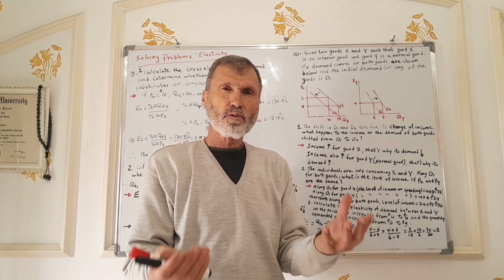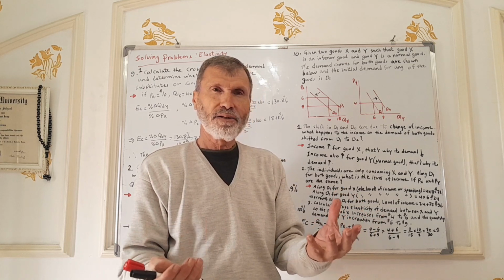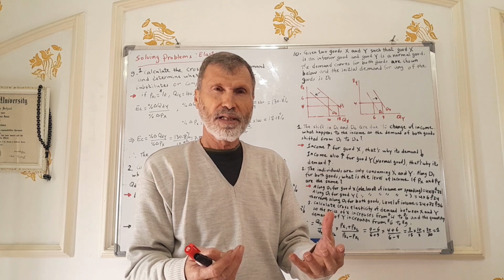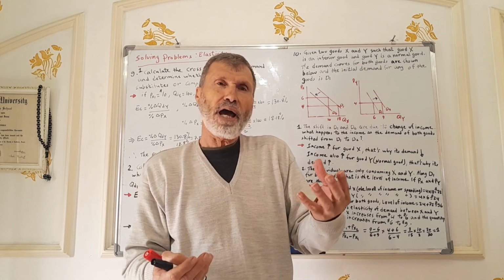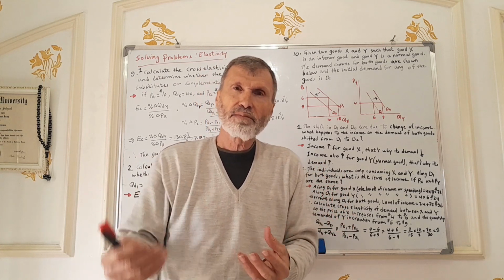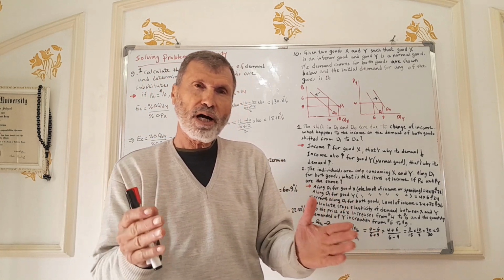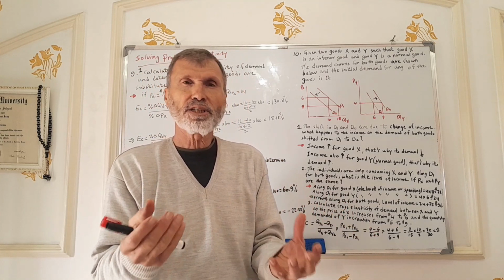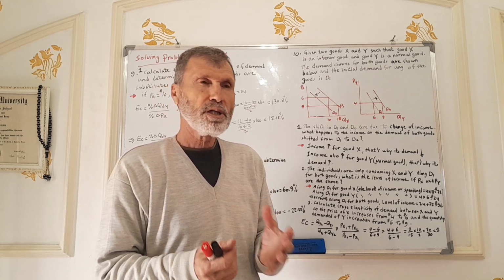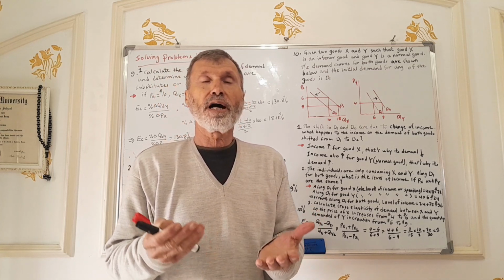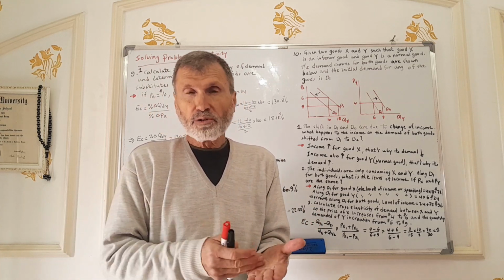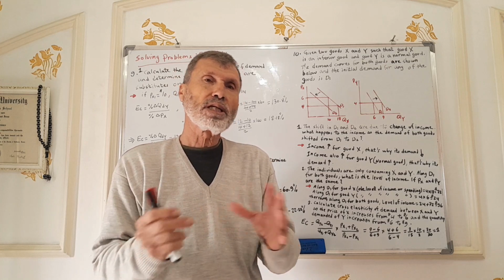Good X and good Y are related in this case. When the price of good X changes, the quantity demanded of good Y changes. Therefore, both goods are related. There is some kind of relationship between them. So here we need to find out whether they are complements or substitutes by calculating the cross elasticity of demand.